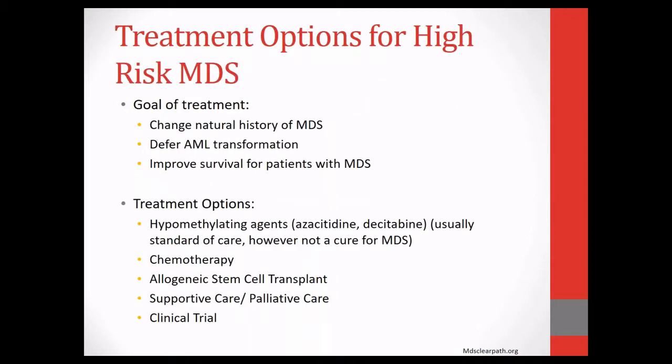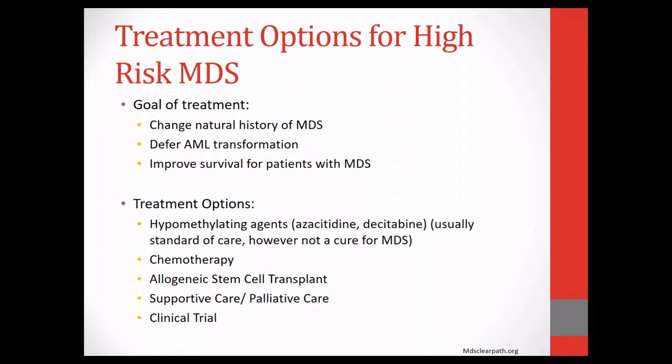The treatment options for high risk MDS, again, include the goal of treatment to change the natural history of MDS and defer transformation to acute myeloid leukemia, as well as improve survival for patients with MDS. The treatment options include hypomethylating agents, azacitidine or decitabine, which is usually our standard of care. However, these are not a cure for MDS.